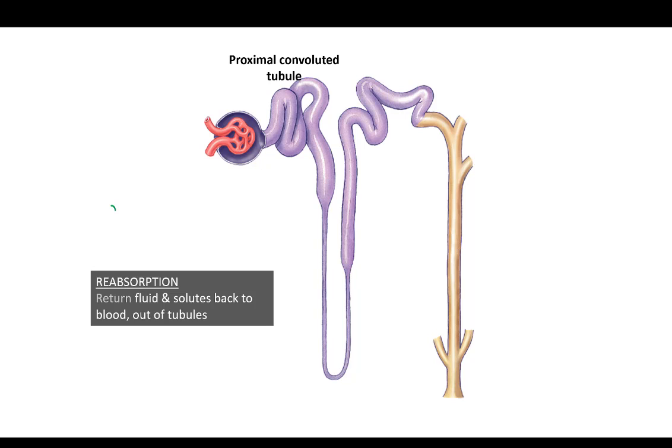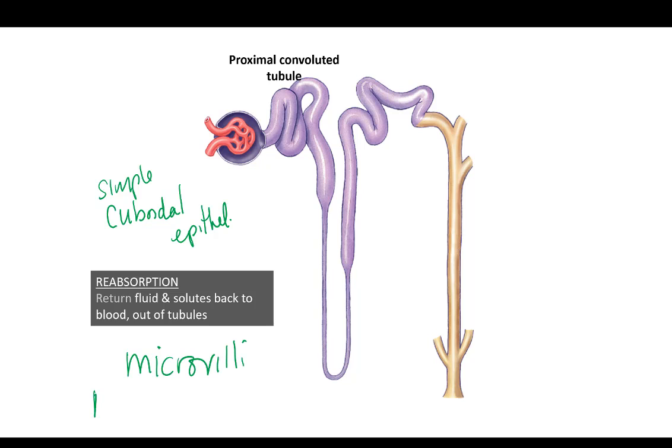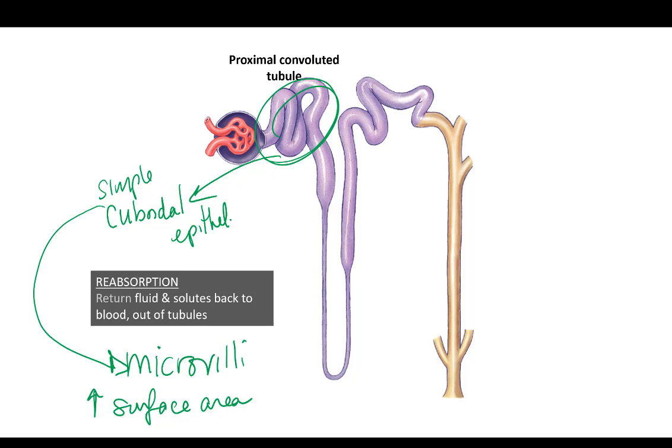We also have the, we'll say, simple cuboidal epithelial cells. And what's more important, because the majority of fluid is reabsorbed here, those simple cuboidal cells are going to have microvilli, which increase surface area. So that's an important thing. If you know that this section here has simple cuboidal epithelial cells with microvilli.